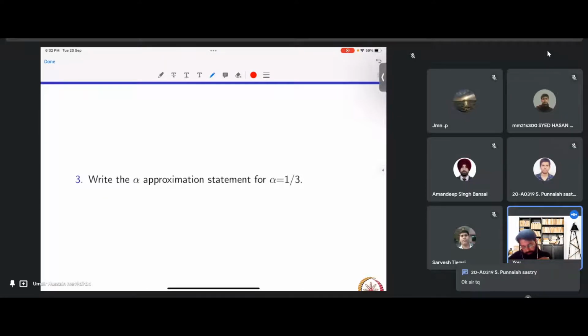So we have to write the alpha approximation statement for alpha equals 1 by 3. What was the alpha approximation statement? I think we just wrote it: (1 minus alpha) times u dot s plus alpha times u dot s plus 1.